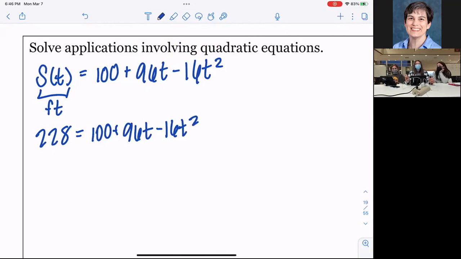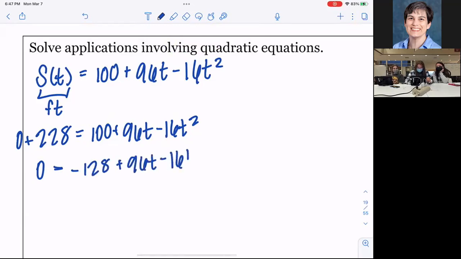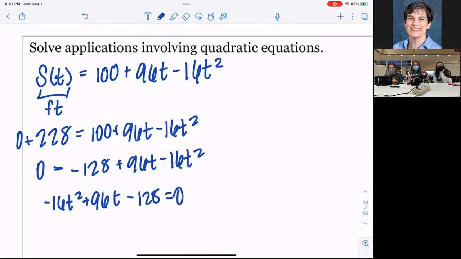I'm going to pretend that there is a plus 0 there, and I'm going to subtract this 228. So I will get negative 128 plus 96t minus 16t squared. I'm going to rewrite this up here so we don't have any confusion, okay? So I'm going to get negative 16t squared plus 96t minus 128 equals 0. And I'm going to use the quadratic equation on that, okay?